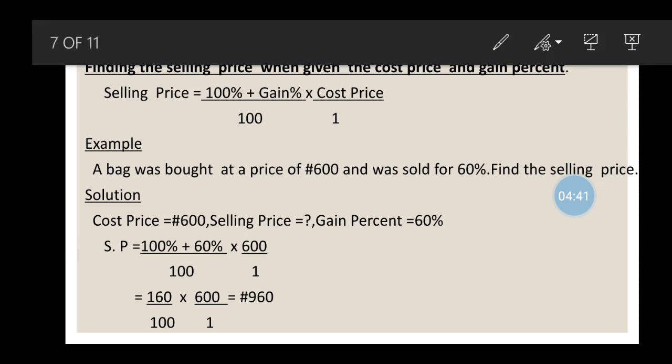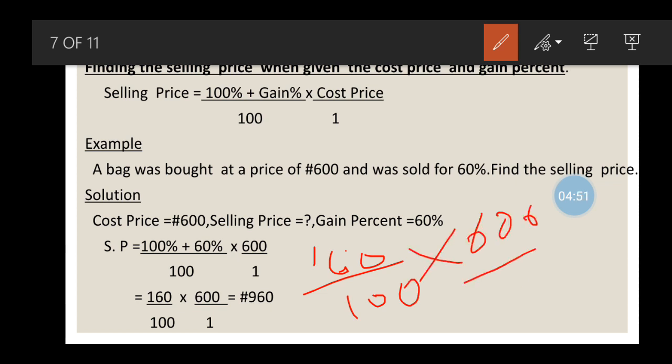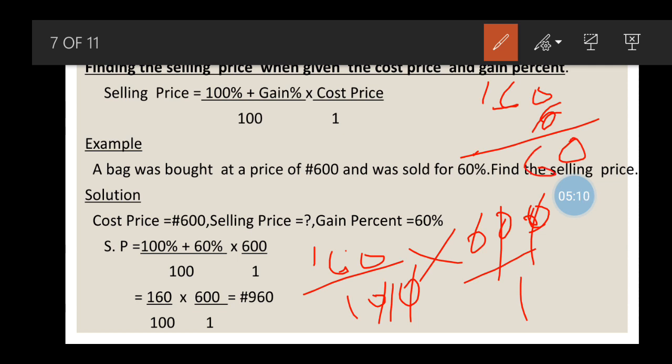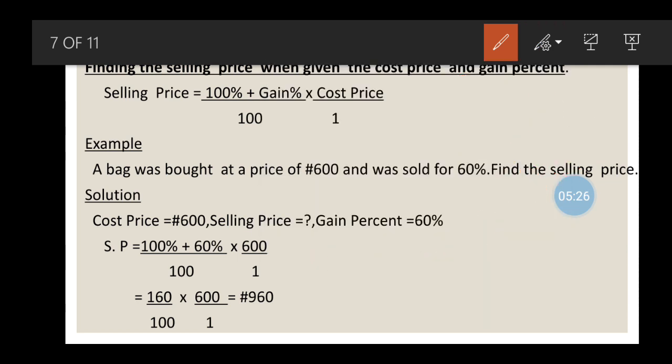The zeros cancel, so we are left with 160 times 6, which gives us 960. That's how we got our 960 naira.